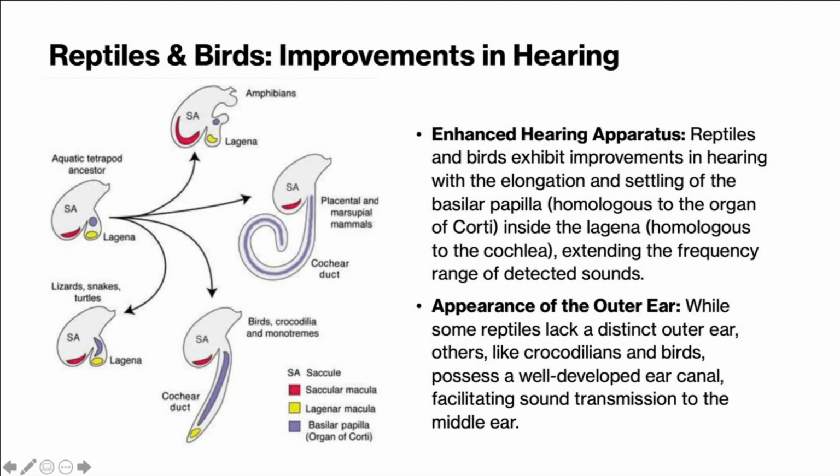As we can see, the lagena is what's going to become the cochlear duct. In the lagena of aquatic tetrapods, the amphibians, the lizards and snakes, the lagena is not very long, right? But in mammals, birds and crocodiles, the lagena becomes the cochlea, and the cochlea spirals in mammals to fit into the temporal bone.